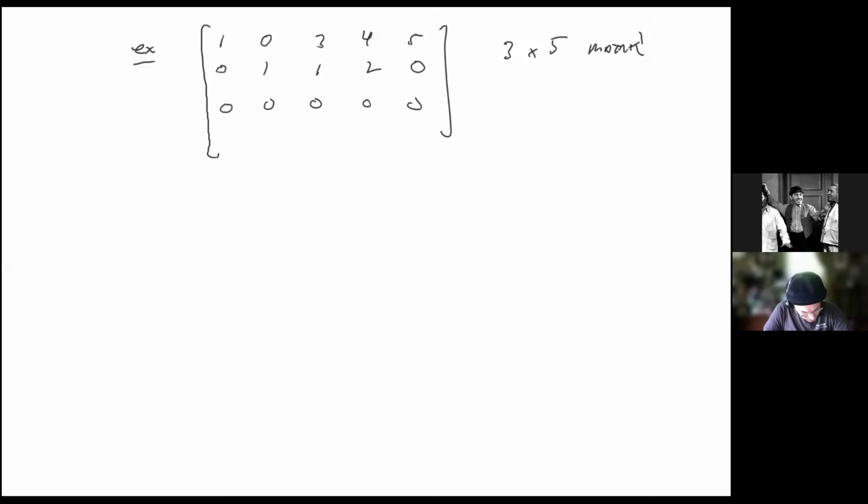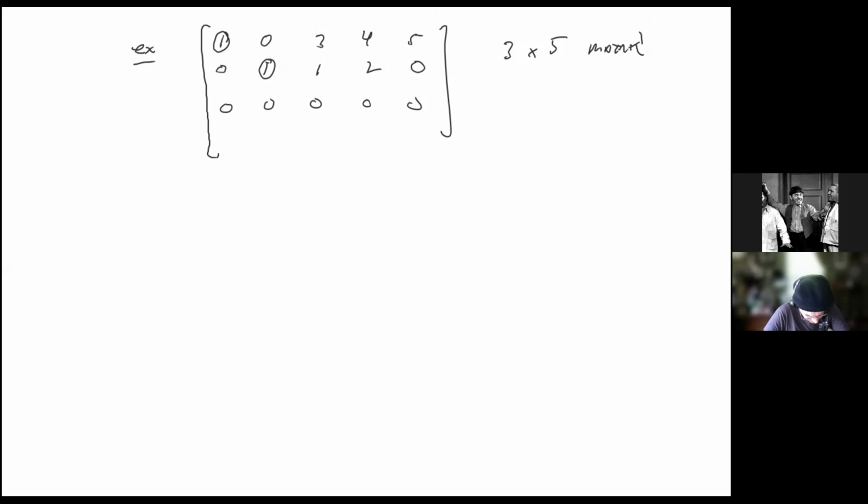So the pivots occur in the first row, first column, and in the second row, second column in this case. There are no other pivot locations. So this is in echelon form.